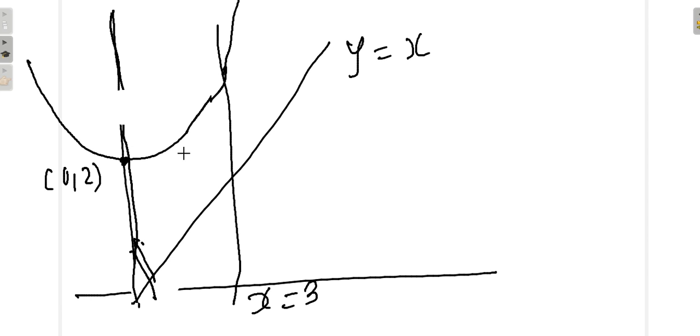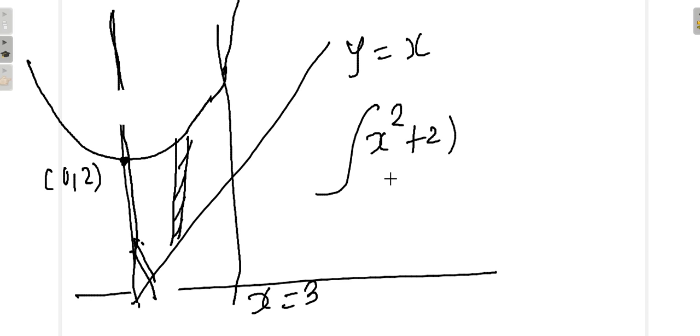You can see that if you take a strip, the upper end lies on the curve, the lower end lies on the line. So the area of integration will be y is equal to x square plus 2, minus lower region lying on line y equal to x.